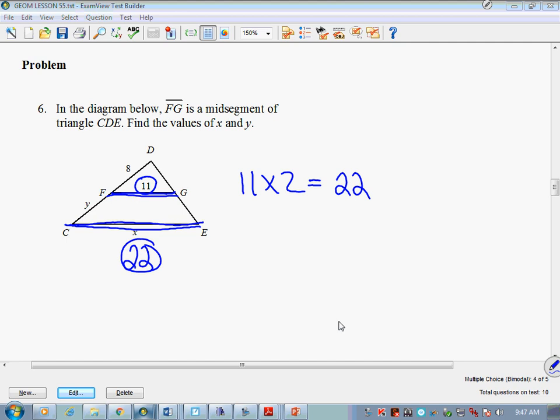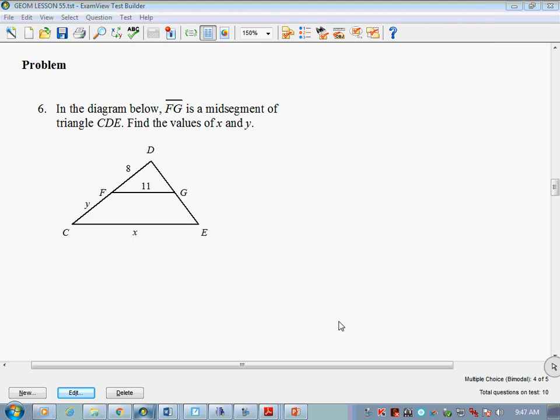Let's see, Mick, if FD is 8 and FG is a midsegment, what is Y going to be? 8, right? Because it is a midsegment, so that length is going to be the same. All right, that should give you a pretty good start on this.